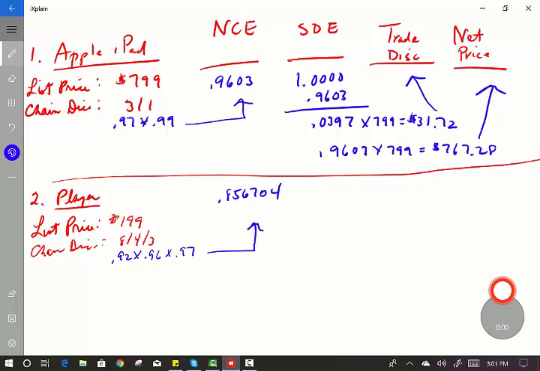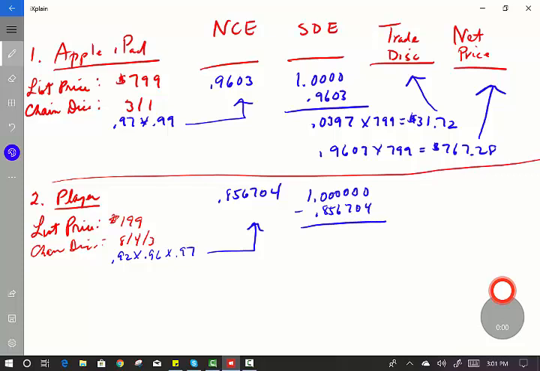Okay, then to calculate the single discount equivalent, I'm going to subtract the net cost equivalent from 1. This would be 1 minus .856704.